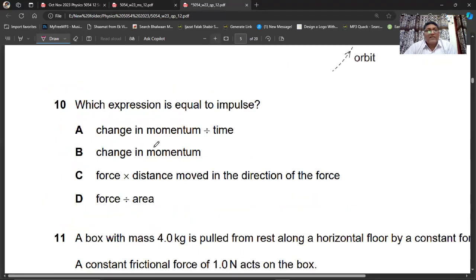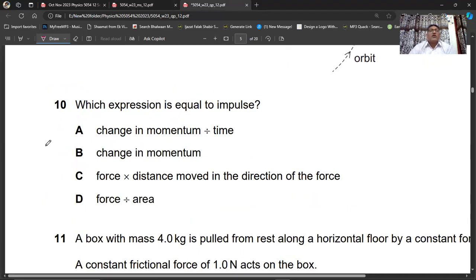Okay, so here we have question number 10. It says, which expression is equal to impulse? You know, impulse is change in momentum. Or you can say the impulse is force multiplied by time.